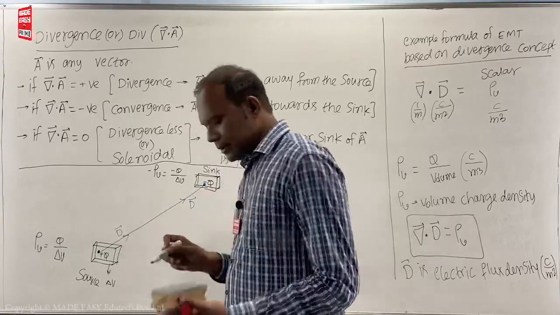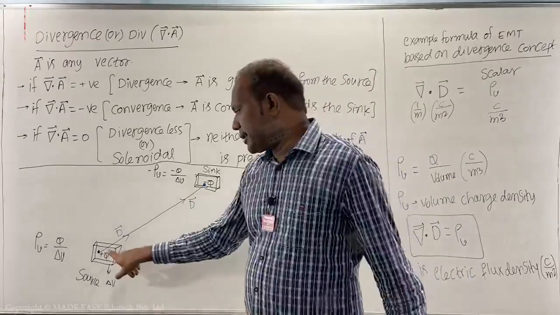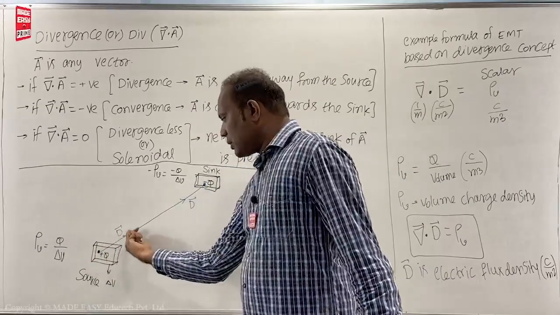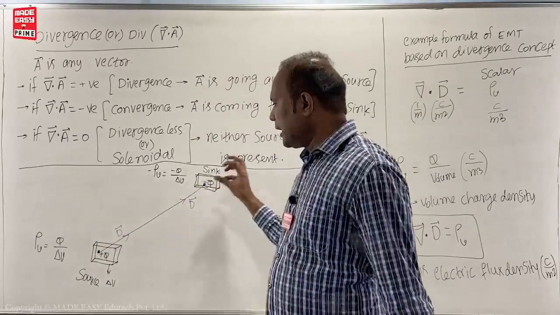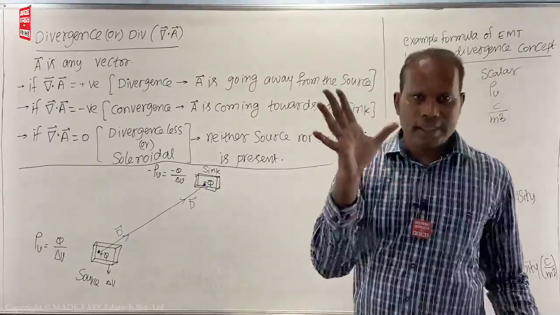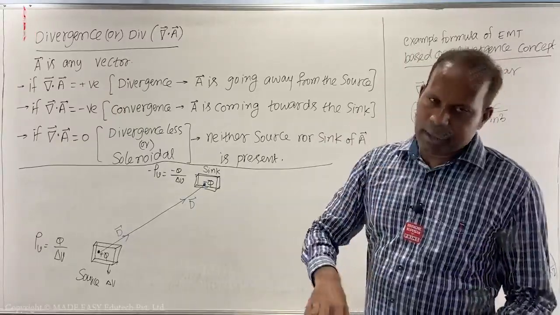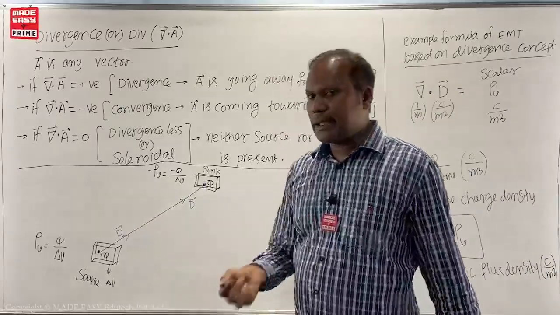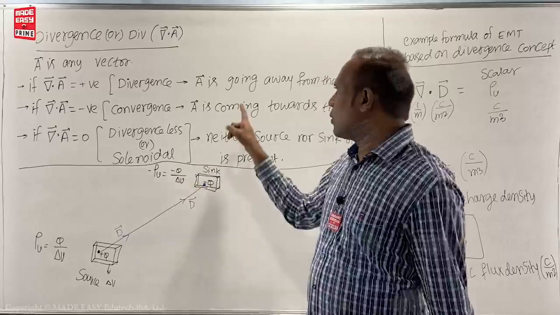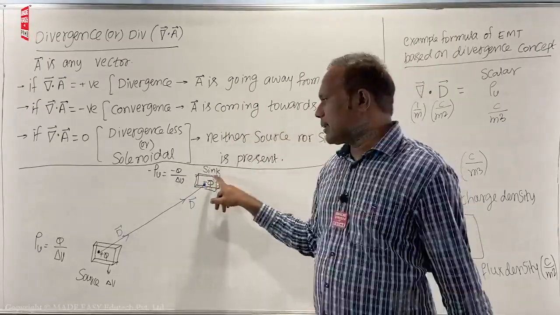You should understand one simple thing: if there is a charge, then from that charge some physical quantity is generated and goes away, then it ends on the negative charge. That is an experimental statement. Experimentally it is found that electric field lines, or electric flux density lines, start from the positive charge, go away, and end on the negative charge, or sink.